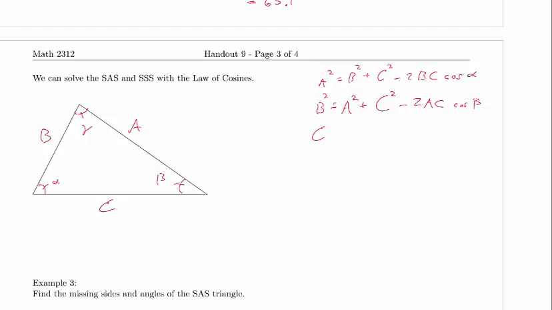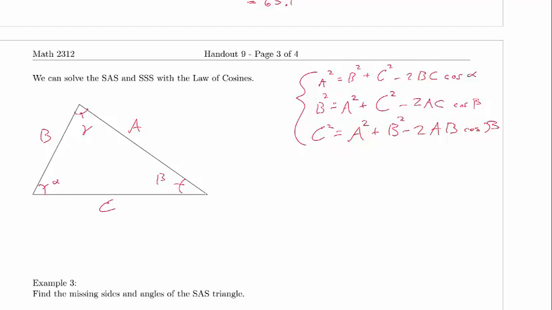And then finally we've got c squared equals a squared plus b squared minus 2ab times the cosine of gamma. Those are the three variations of the law of cosines. Note they all have exactly the same form, so there's no need to memorize three separate equations. Let's get into where the law of cosines comes from.